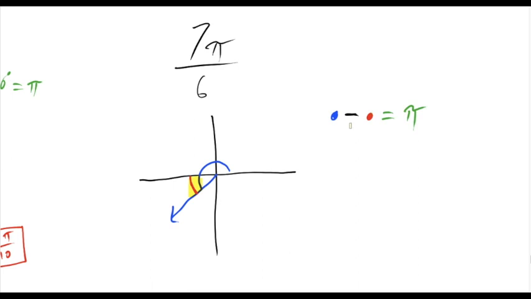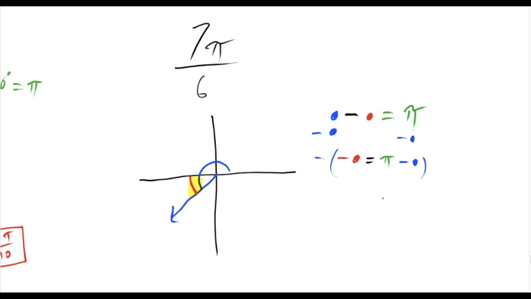Since I'm trying to solve for the red piece, when I do this subtraction, you would be subtracting the blue piece on both sides, and you would be left with a negative red equals pi minus the blue. I would just need to get rid of the sign, so just multiply everything by that negative.